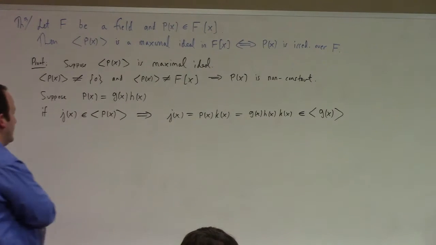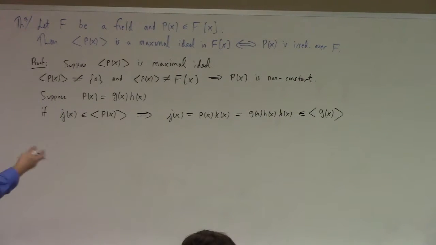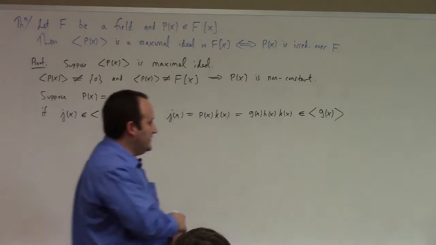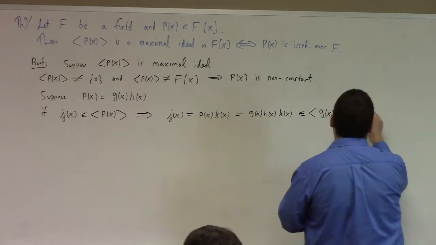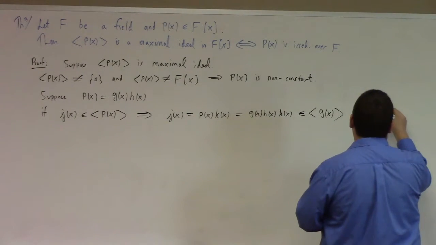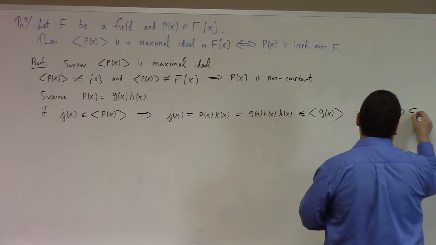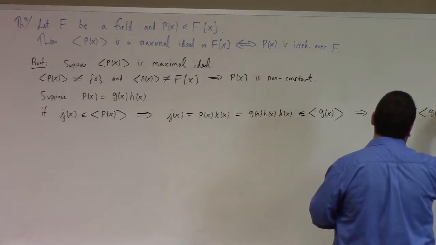So if g(x) is in the ideal generated by p, it's also going to be in the ideal generated by one of its factors. But we took an arbitrary point, right? So what does this give me? This tells me that the ideal generated by p(x) is a subset of the ideal generated by g(x).